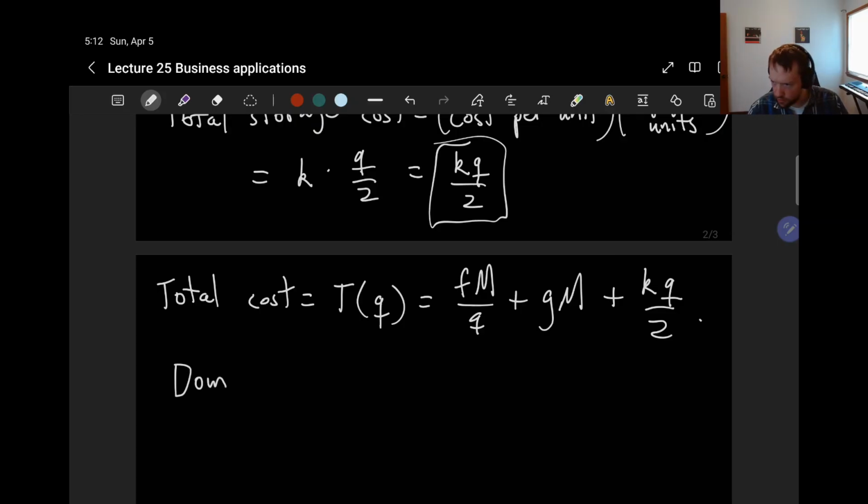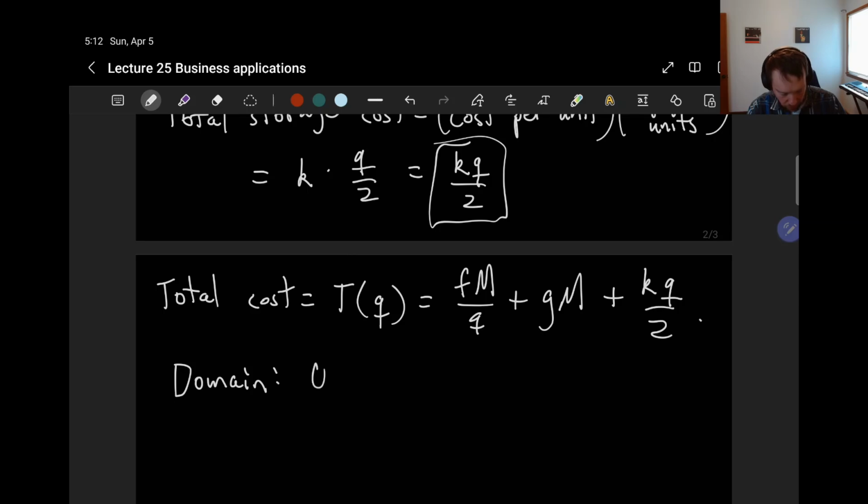Let's take a look at our domain real quick. Again, Q is our primary variable here. The rest are going to be fixed numbers in a problem. So when I ask about the domain, I'm asking what Qs am I allowed to have?